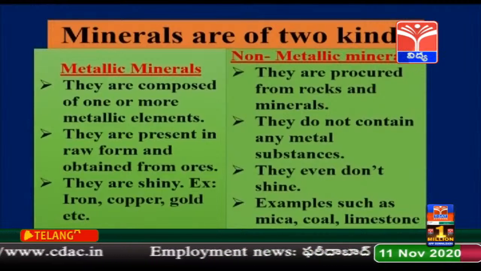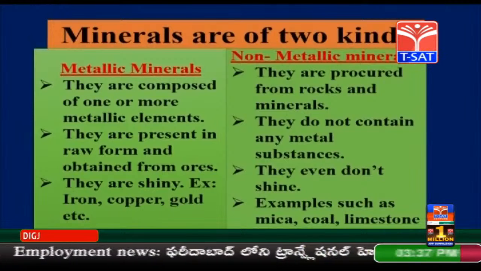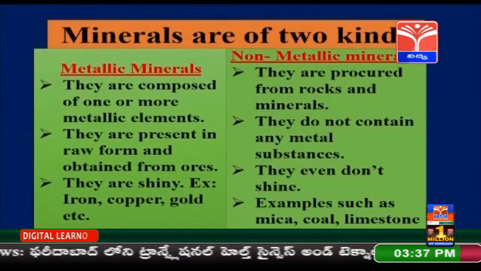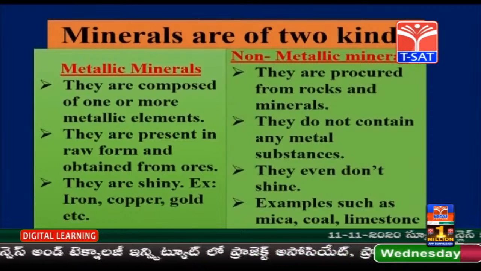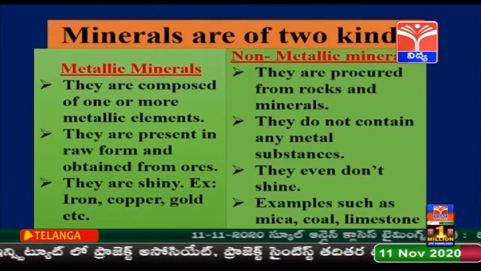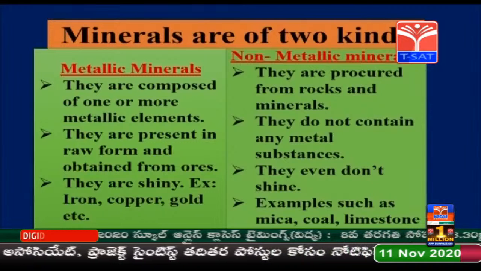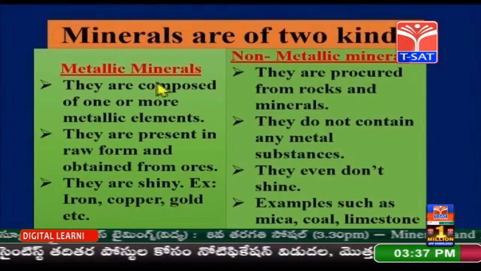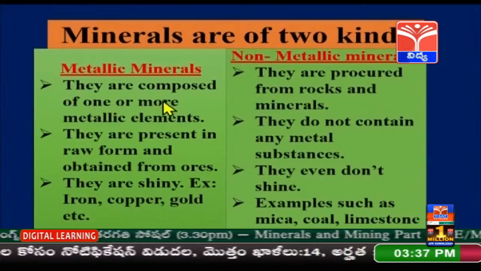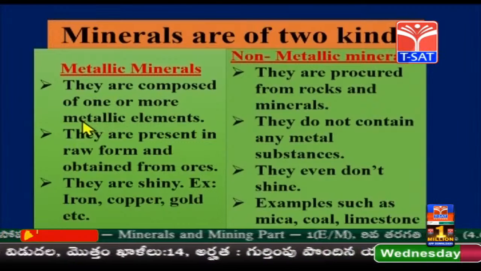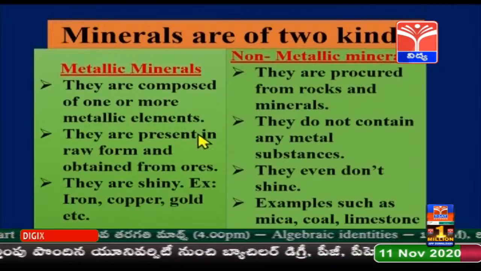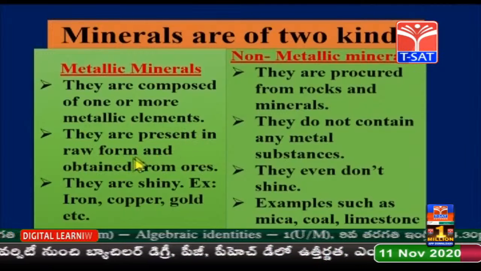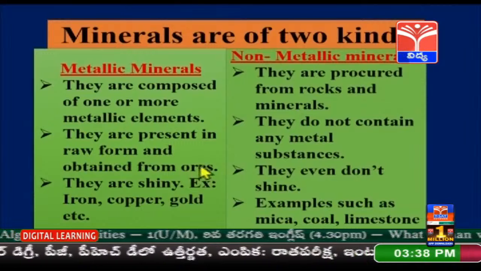Children, now let us discuss the kinds of minerals. Minerals are of two kinds. They are the metallic minerals and non-metallic minerals. Do you know the differences between them? Metallic minerals are composed of one, two or more metallic elements, and they are present in raw form and obtained from ores.